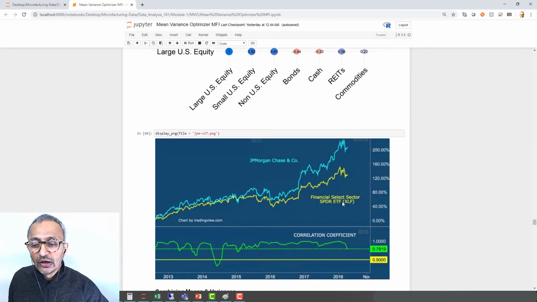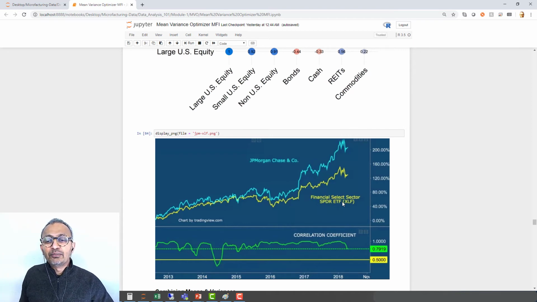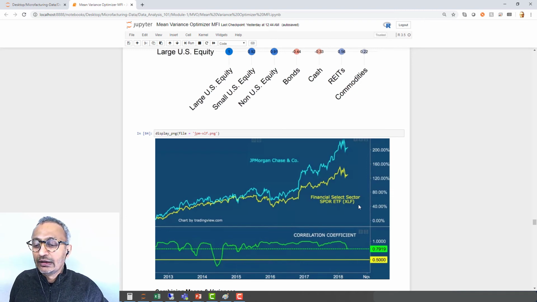That means it has all financial type banks, investment banking companies, mortgage companies, and so on. It's a collection of companies in this one stock. If you wanted to get exposure to only the financial sector in this country, you would look for something called XLF.